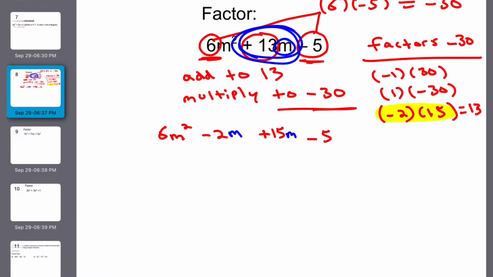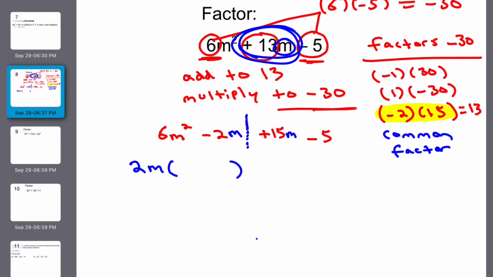Next, I want you to imaginarily slice this right after the second term. And we're going to common factor both sides of this four-term system. On the left, 6m squared minus 2m, it looks like we can take out a 2, and we can also take out 1m.